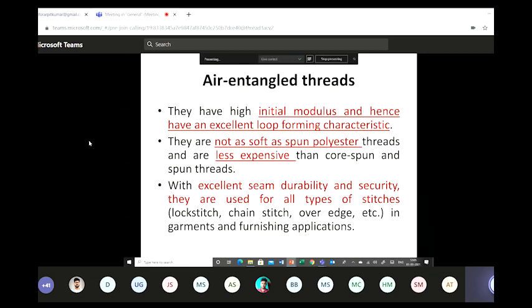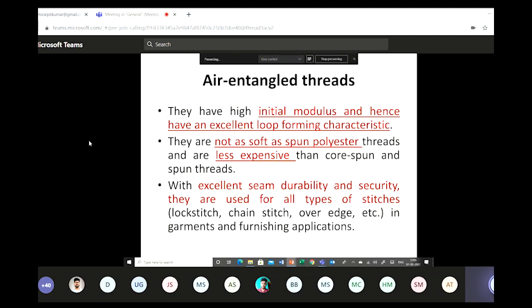And these air entangled threads have a higher initial modulus than the air-jet textured threads, because there is a large number of filaments which are more or less straight. So they take a lot of load, and that's why they have high initial modulus. And because they have high initial modulus, they have high bending rigidity. The bending rigidity is going to help to form a better loop.